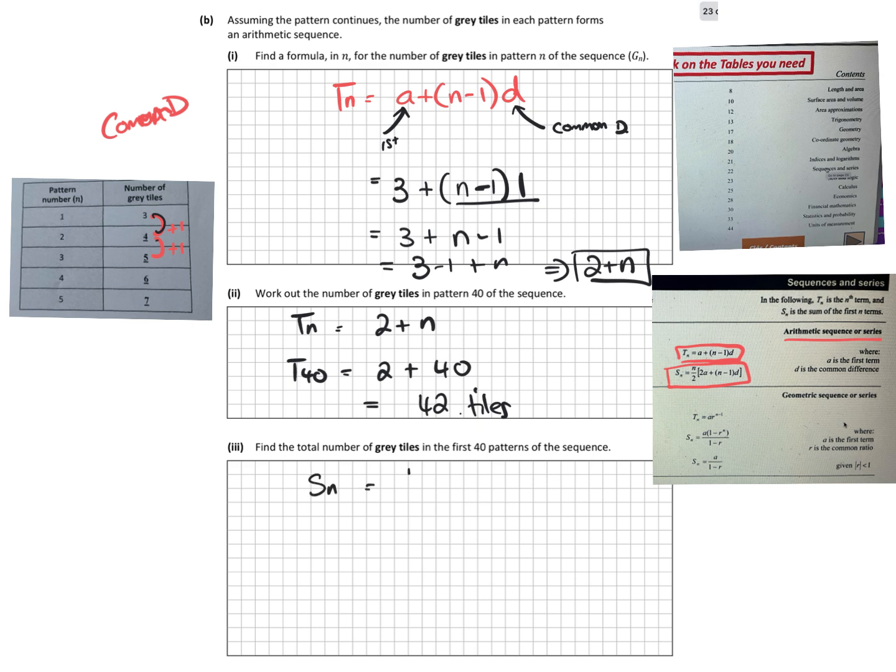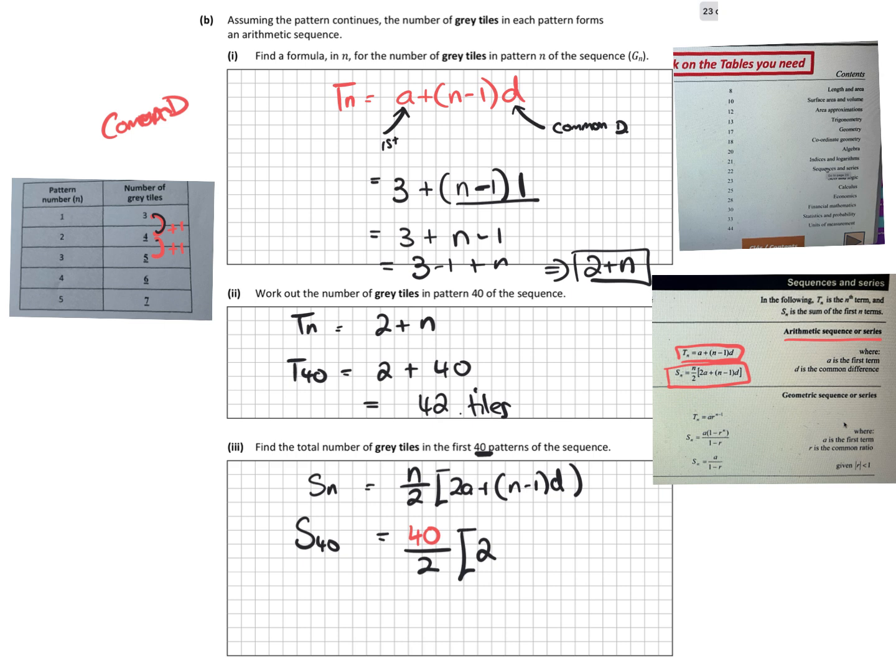SN is equal to n over 2 bracket 2a plus n minus 1 times d. Now, they're looking for the first 40 patterns. So we are looking for the sum of the first 40 patterns. So my n is 40 divided by 2 bracket 2a. My a hasn't changed.